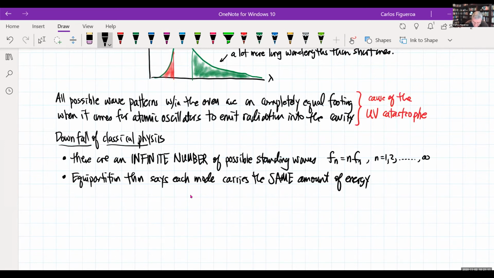And so clearly, if you have equal amounts of energy for each of these modes, then this translates into an infinite amount of blackbody radiation.